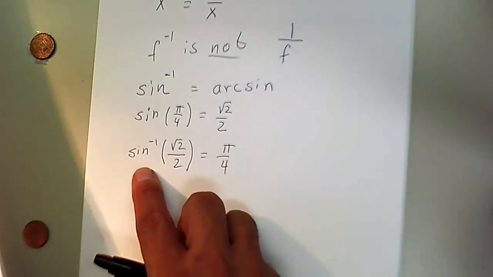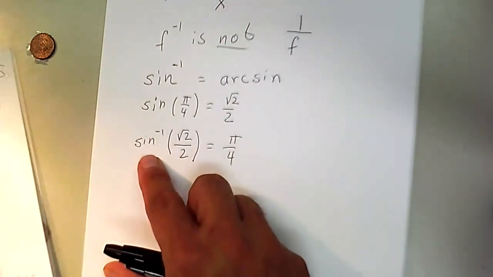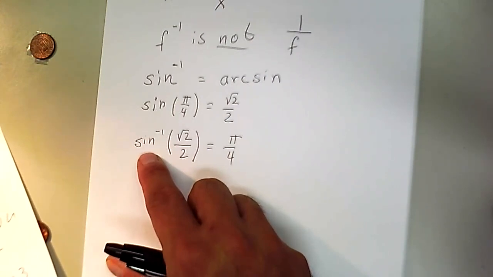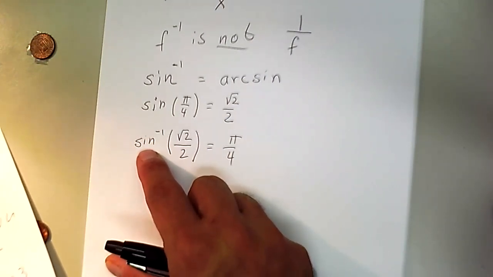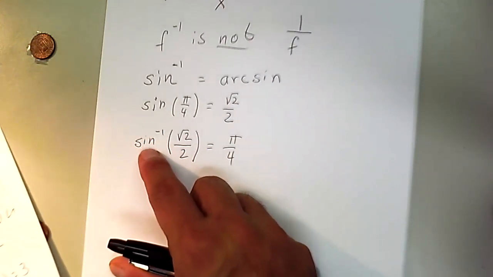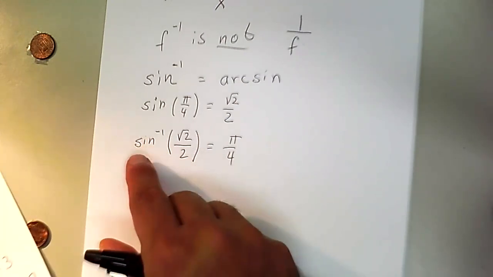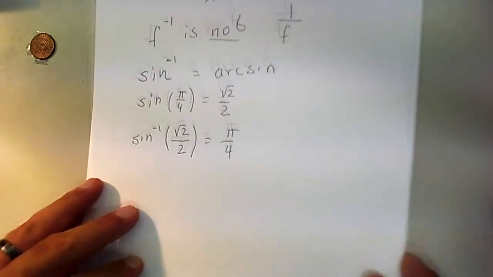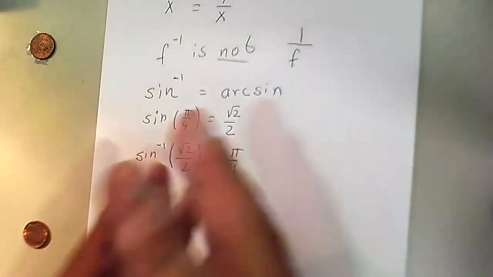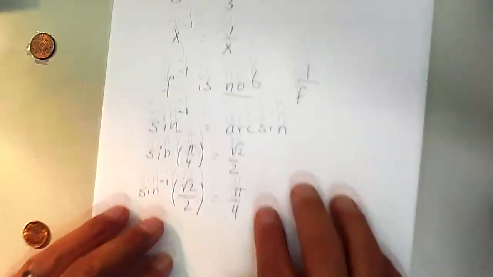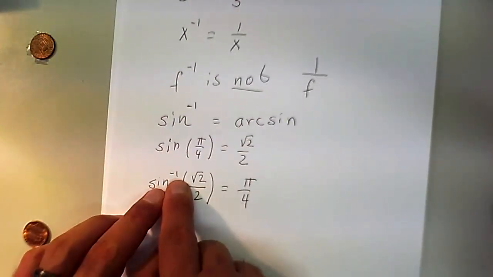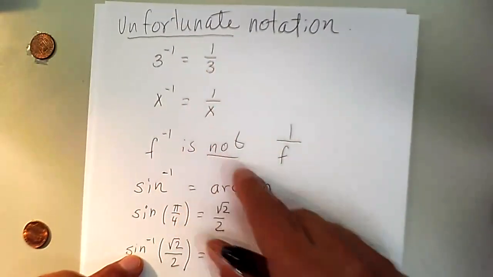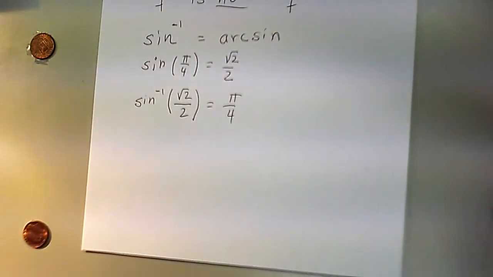I still remember way back when I was very young, I remember thinking, isn't that 1 over sine? And it really threw me off when I saw that the first time. And then it took me a little while to figure out, oh, okay, so we are talking about a different idea altogether. That -1 has nothing to do with this. It took me a couple of days to realize what was going on.